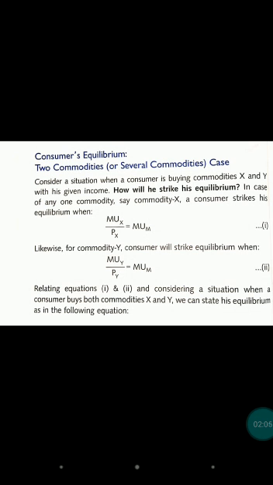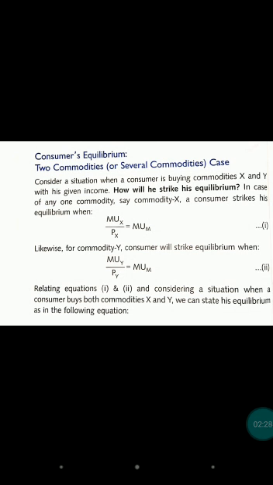So look at what is written here. Consider a situation when a consumer is buying commodities X and Y. In the last video we talked about only commodity X. Here the consumer is buying commodities X and Y with his given income.